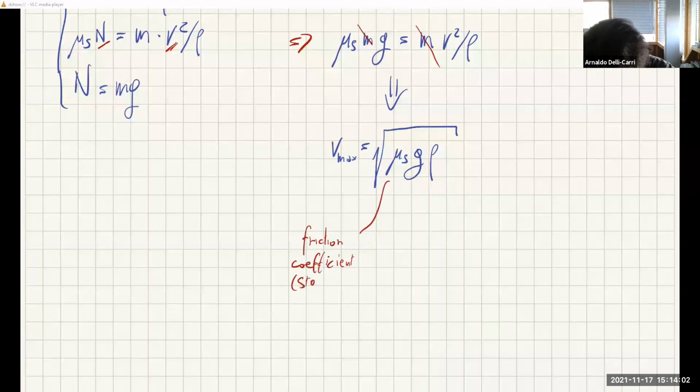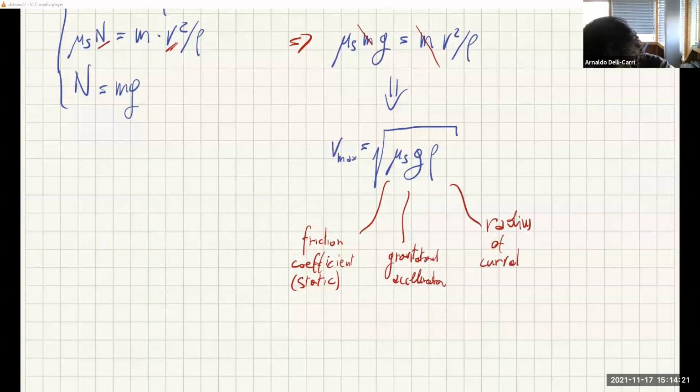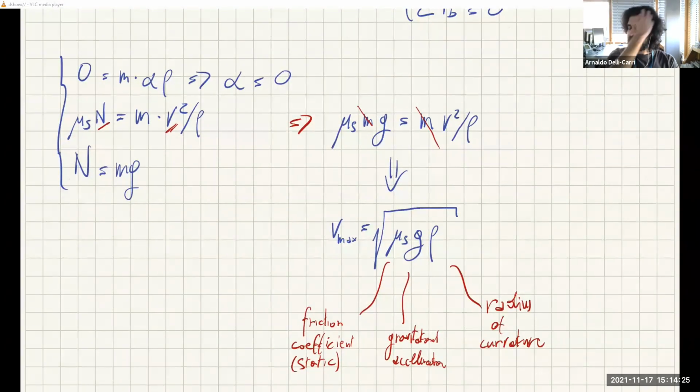It depends on the gravitational acceleration. It depends on the radius of curvature.